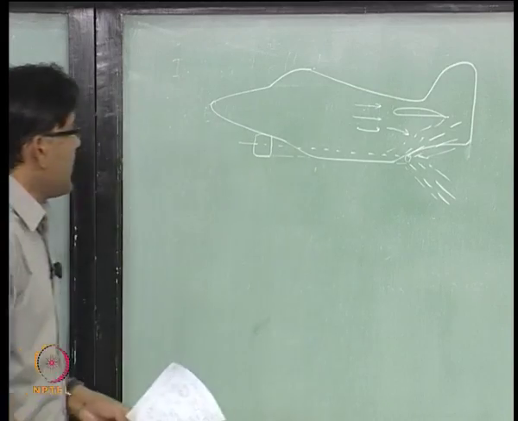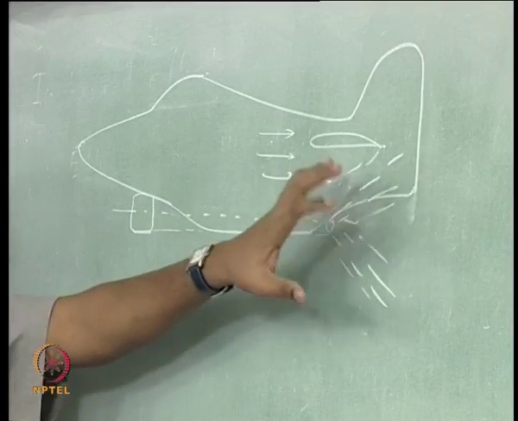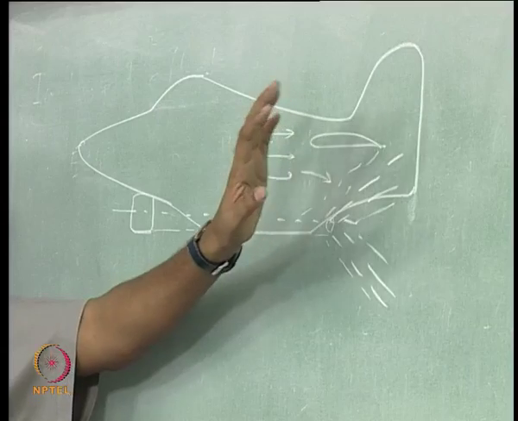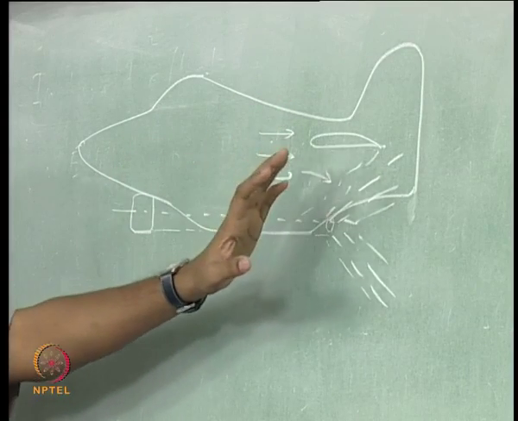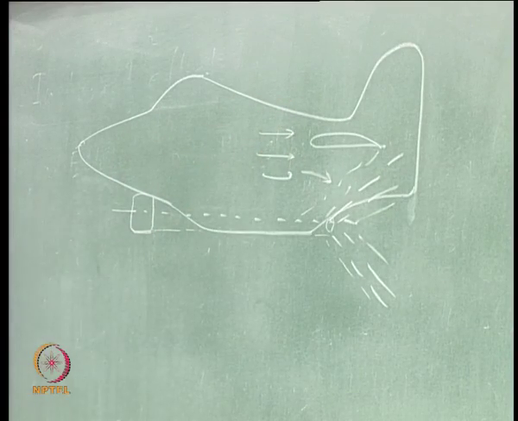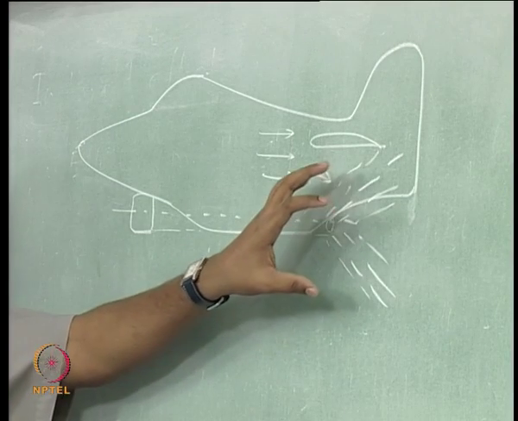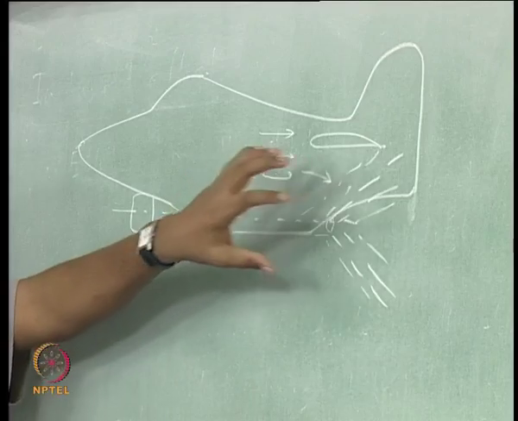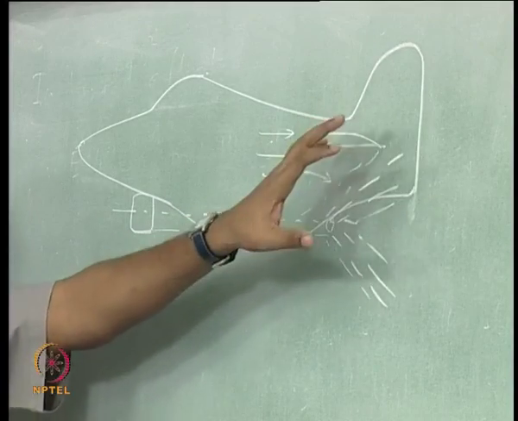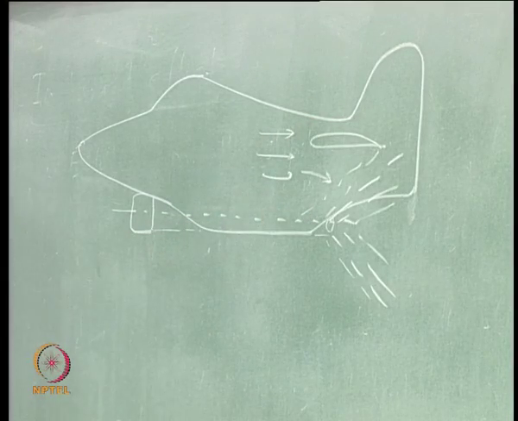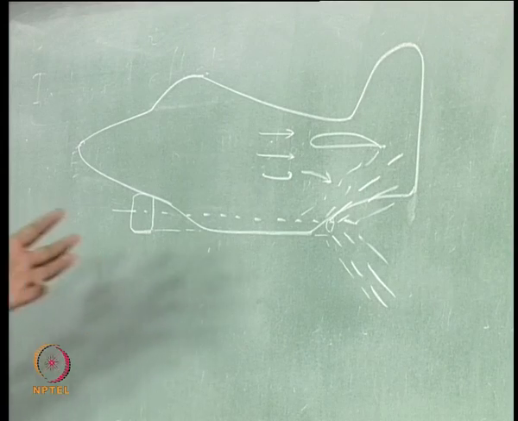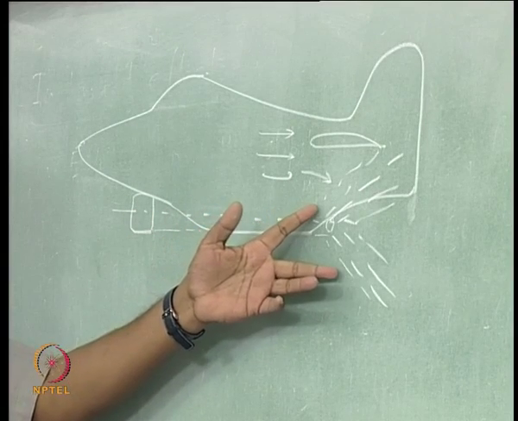So, this is very complicated. I mean, if one wants to go into analysis of finding out what is happening to the delta alpha and the velocity, it is going to be really complicated. So, what you would want to do is avoid as much as possible keeping this tail in the wake of the jet, right.